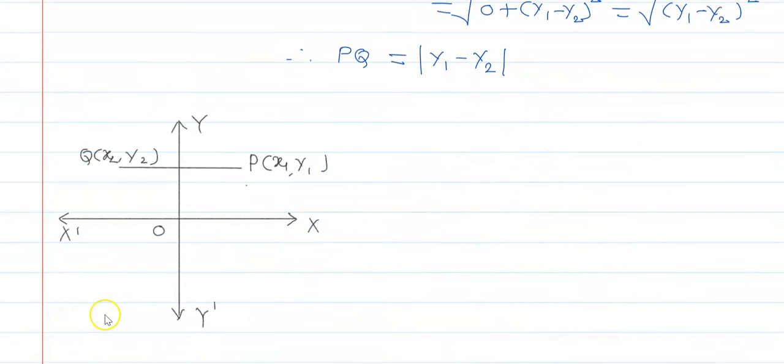Now in the second case, when PQ is parallel to the x-axis, the coordinates of P are (x1, y1) and Q is (x2, y2). When a line is parallel to the x-axis, its y coordinates are equal.